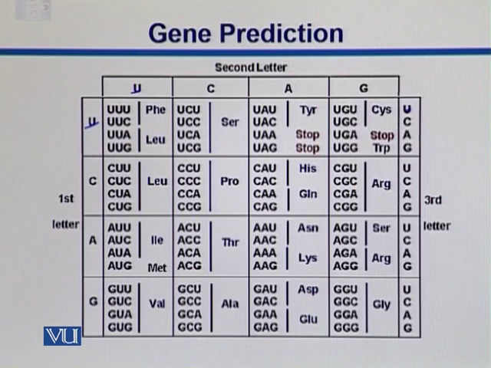How do we get to it? We tried different combinations. Since there are 20 amino acids and there are 4 nucleotides, if we take a sequence of one nucleotide like A, T, G, and C, we might end up representing only 4 amino acids.